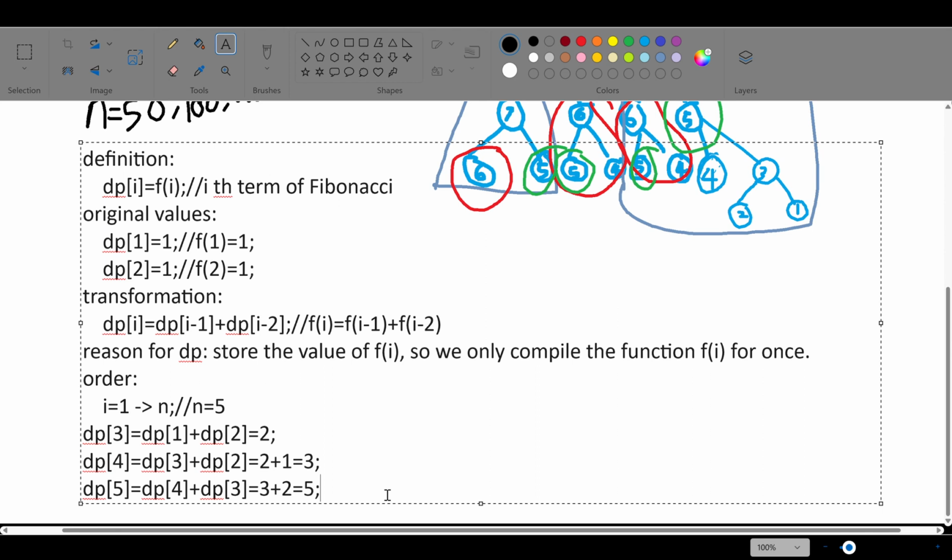That is way less time consuming than the recursive sequence, because we only need to calculate every function once, and actually we don't even need to calculate many functions. It's really simply plugging in and adding. It's simple addition. So this is the reason DP is important, and this is also our very first example and the really classic one of dynamic programming.